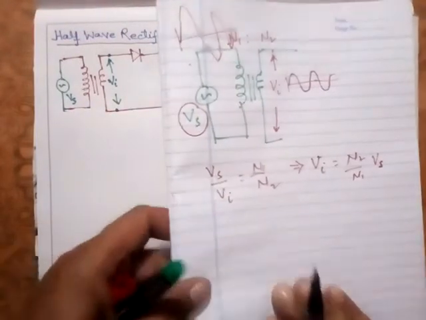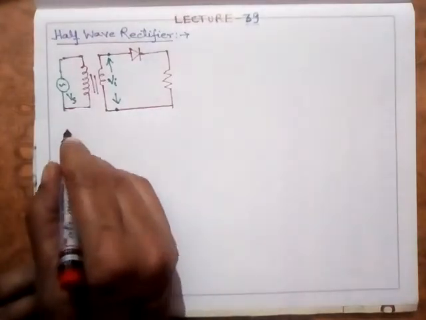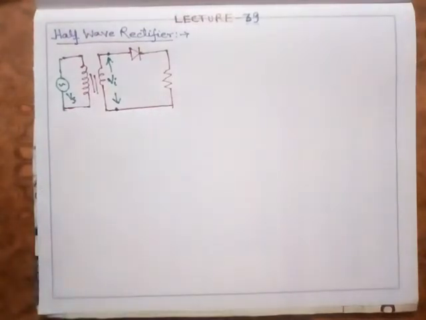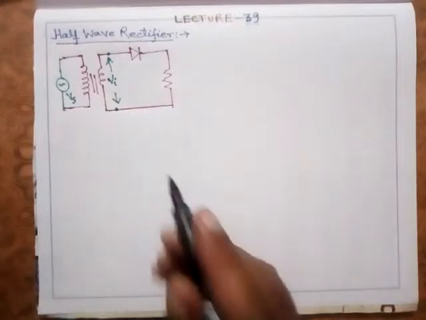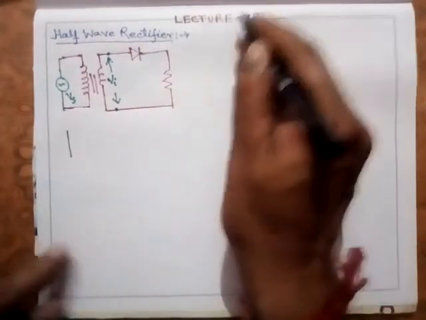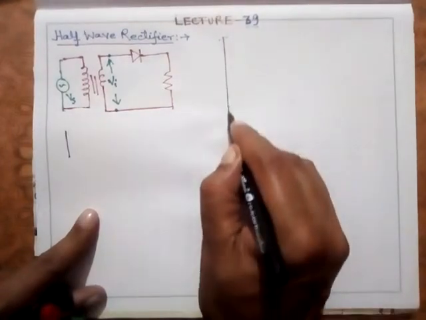Now this is my input voltage Vi, and of course it is a sinusoidal voltage. I am drawing this input voltage here. Suppose the input voltage is this.